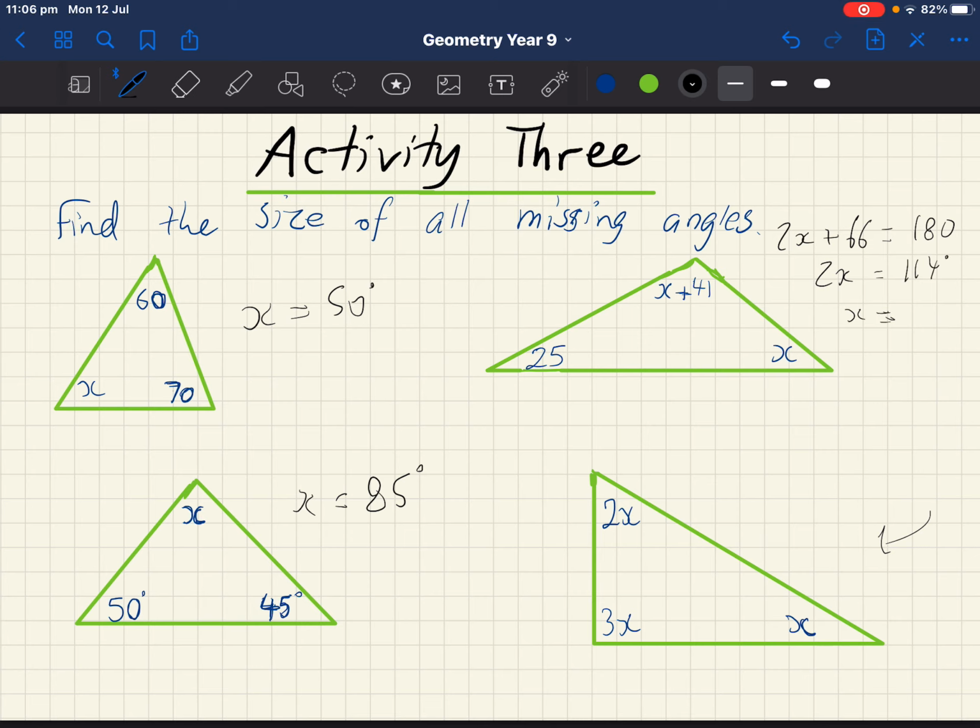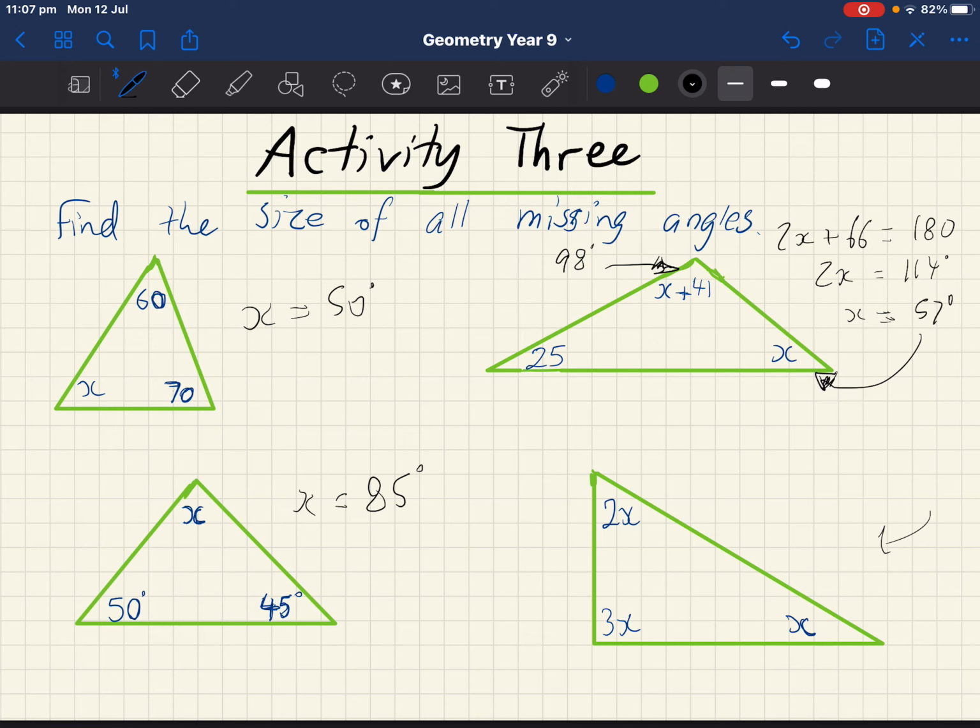So you end up with 57 degrees as the value of this angle down here. And the top angle here, which is also missing, is 57 plus 41. So you should have ended up with 98 degrees for that top one, which did look obtuse, so I'm pretty glad that it ended up being over 90 degrees.